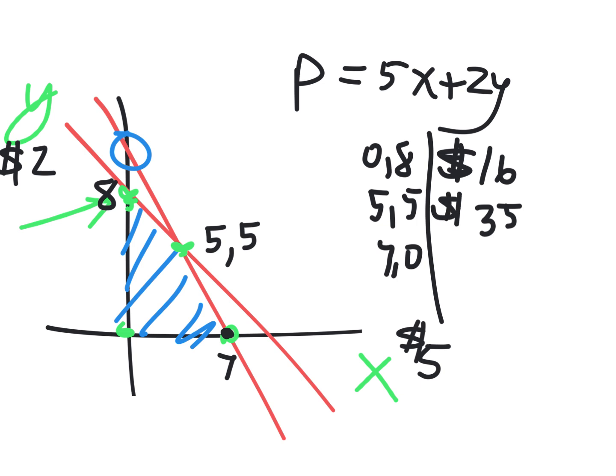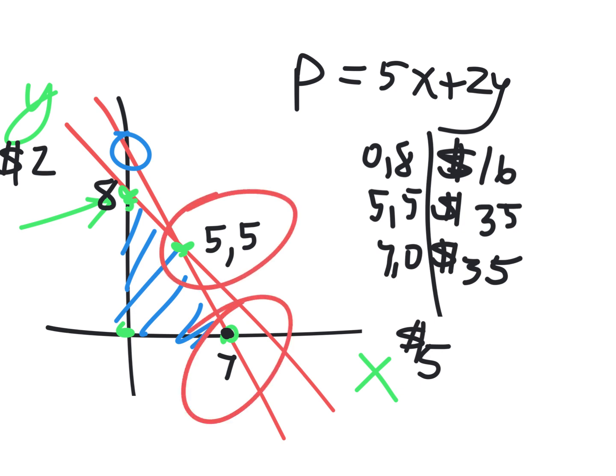And 7 comma 0, ooh, $35. Trick question. Which one makes the most profit? It's a tie. 5 comma 5 or 7 comma 0 both make $35 of profit. That makes sense to you? Okay, that's one unit, and we have to make them really short, right?